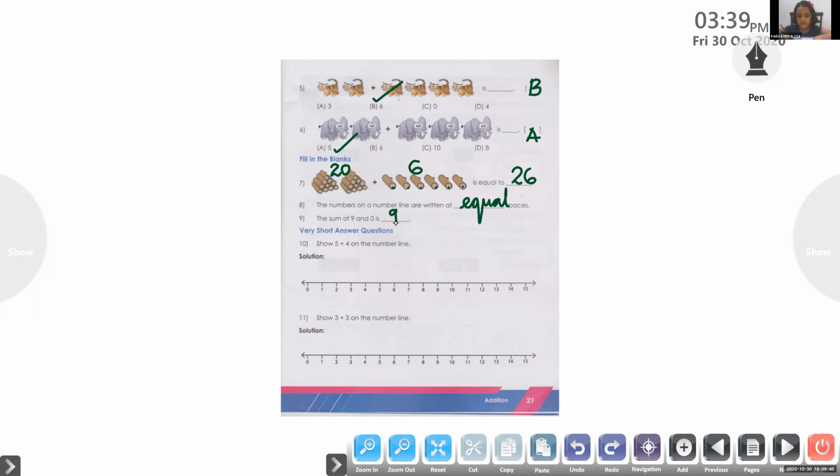Which number we have to mark on the number line first? 5. Then how many jumps? 4 jumps. So 5 to 6, 6 to 7, 7 to 8, 8 to 9. Now we completed 4 jumps. What is the answer? 9. So 5 plus 4 is equal to 9. Okay, good. Thank you, ma'am. Welcome.